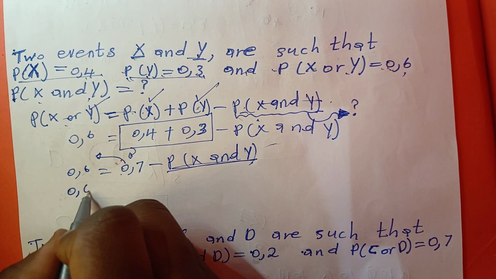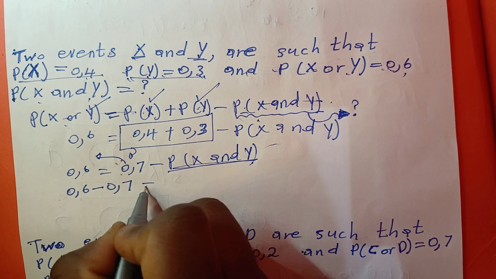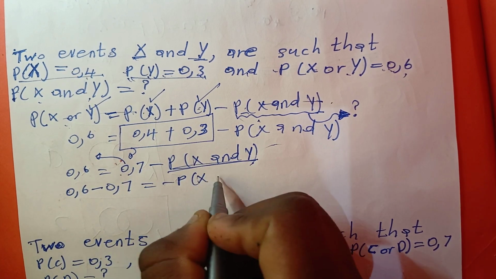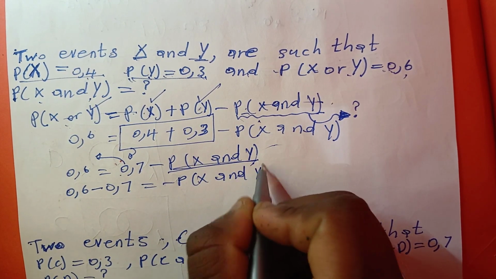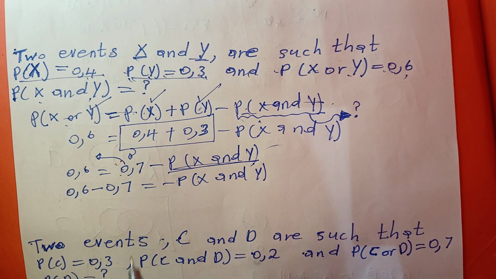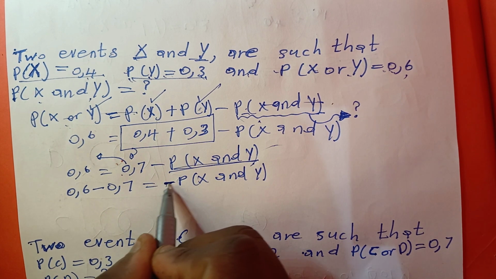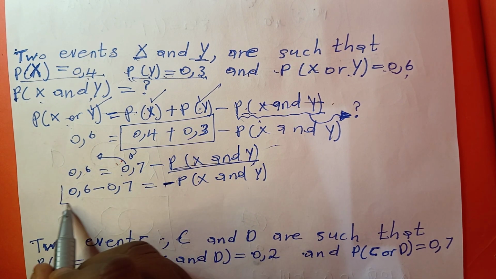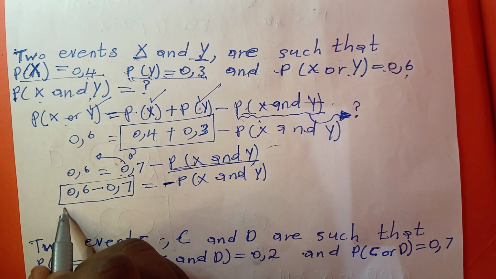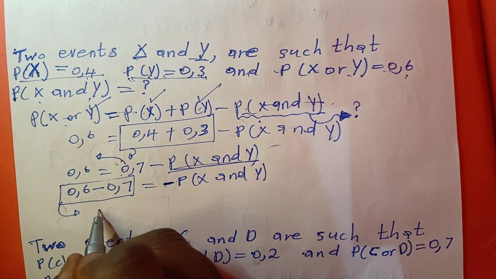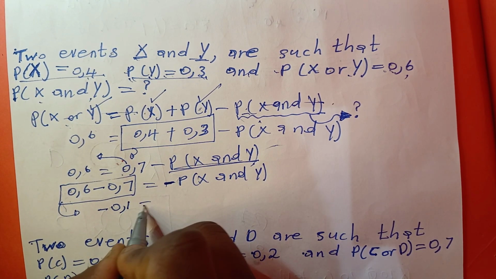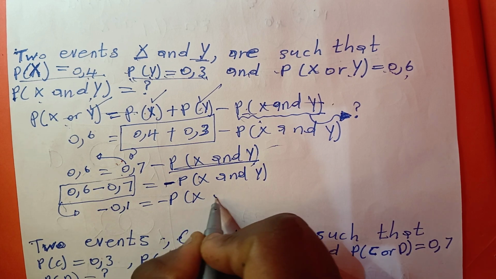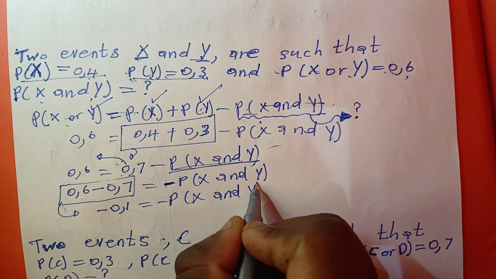It becomes 0.6 minus 0.7 equals minus P(X and Y). Now we can simplify this using a calculator. It becomes minus 0.1 equals minus P(X and Y).